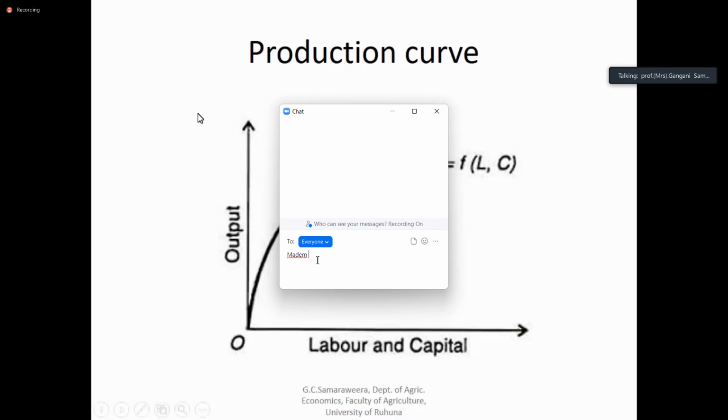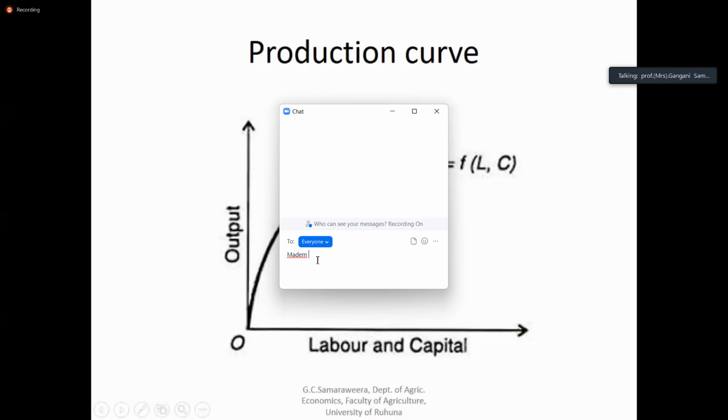Let's say you are applying nitrogen fertilizer to get crop yield, any crop, say brinjal or lady's fingers or pumpkin. You use fertilizer to get the output. So output depends on the application of fertilizer. That's why output is the dependent variable.